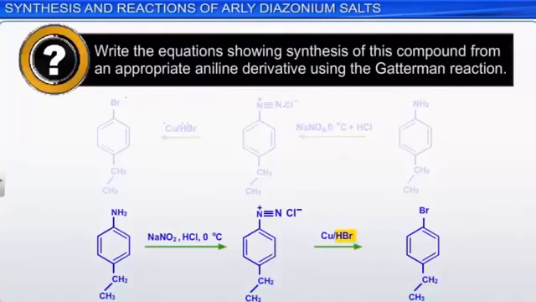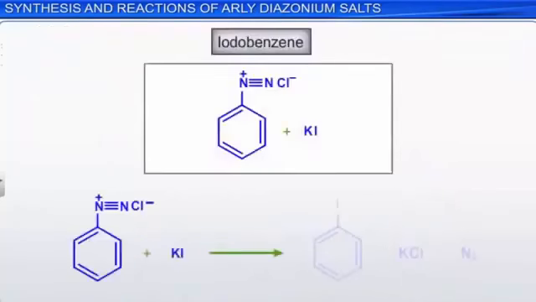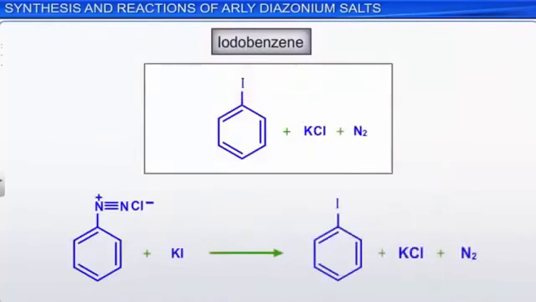The diazonium group can be replaced by iodide ions if the diazonium salt solution is treated with potassium iodide. This reaction forms iodobenzene as the primary organic product. Try to answer this question on your own before proceeding.